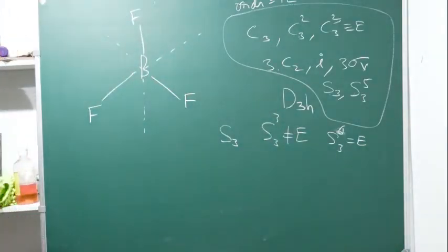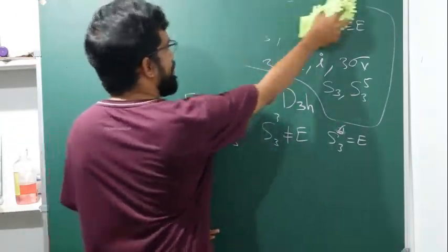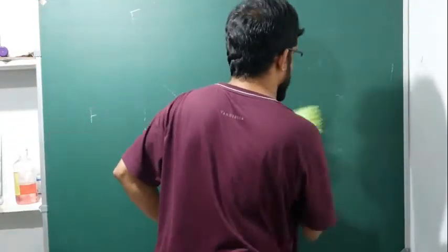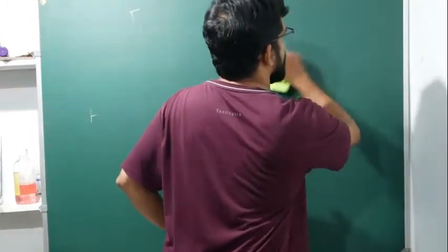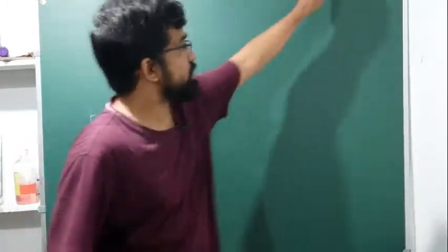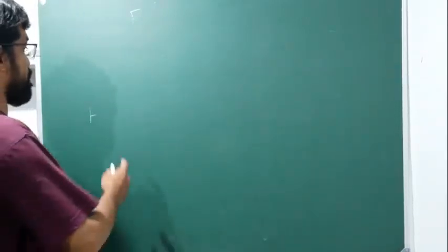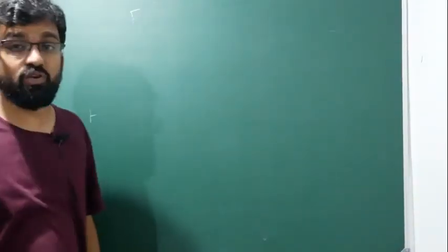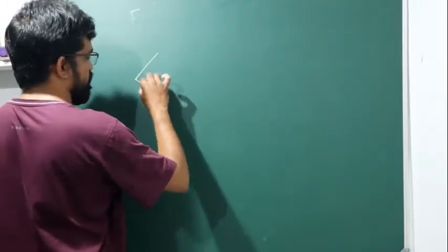One difference: let me show you what DNH and DND are. You know ferrocene. There are two types of ferrocene: staggered ferrocene and eclipsed ferrocene. What is the structure of ferrocene?